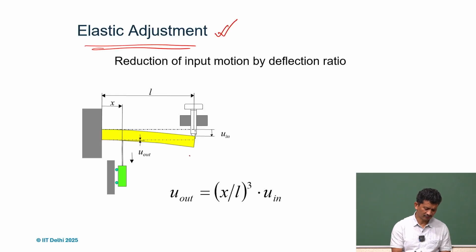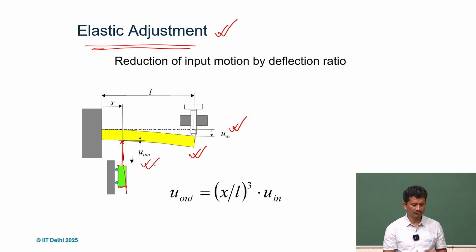So for instance, if we have this cantilever, and we are simply giving some deflection as input, what will happen at x? If we have u in versus u out, and x and L, that is the ratio. If it's rigid, we only get leverage, so x by L is the ratio we'll usually get.